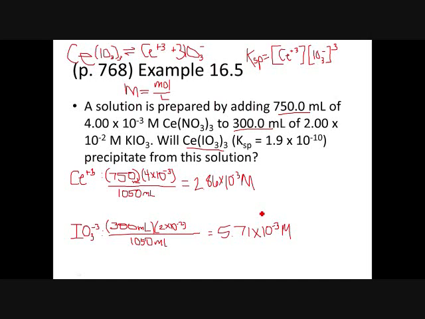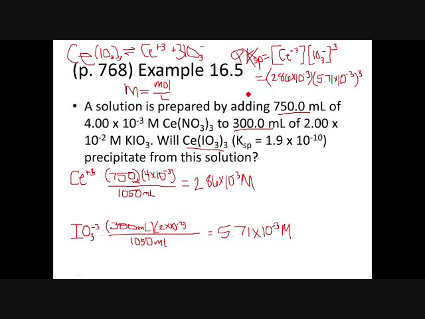Okay, so we're going to replace Ksp with Q, and we're going to solve plugging in these numbers for Q. So, plugging them in, we have 2.86 times 10 to the negative 3 times 5.71 times 10 to the negative 3, cubed.